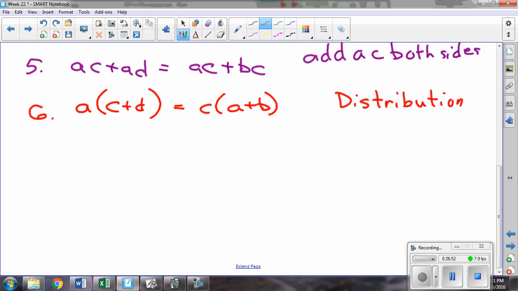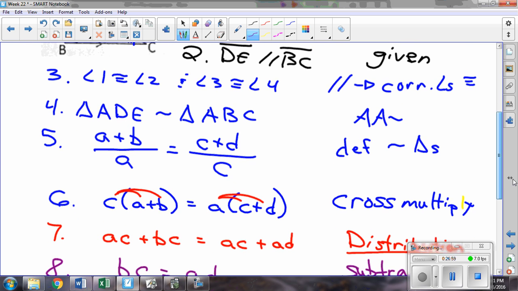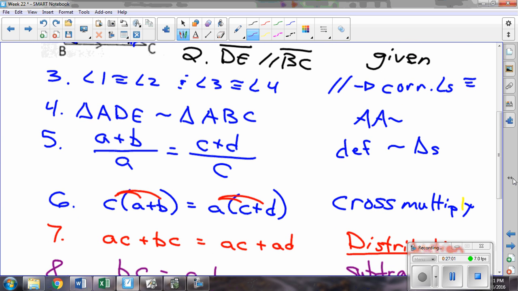Well, remember how this whole thing began? The proportion we had in the very, very beginning was A over B and C over D for the numerators. I'm looking here at line 5. Well, once again, we want to get A plus B by itself. We want to get C plus D by itself.